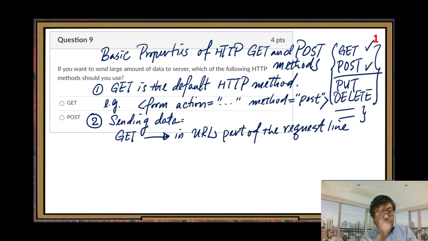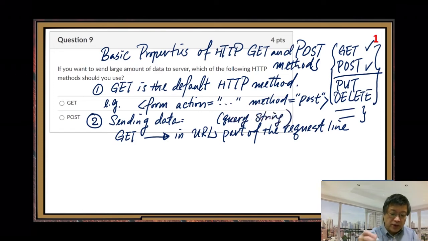In the previous video, you learned the structure of the HTTP request. Look at the top line, the request line, with the URL and query string. You use the query string to send the data. That's the GET method way.